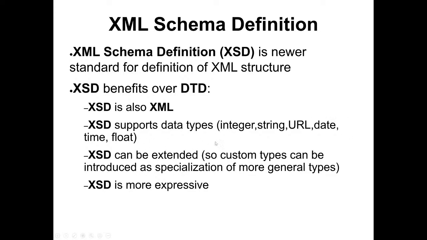Also, date, time, and URL are considered as different data types. And XSD can be extended, so custom types can be introduced as specializations of more general types, and it's more expressive than DTD documents.